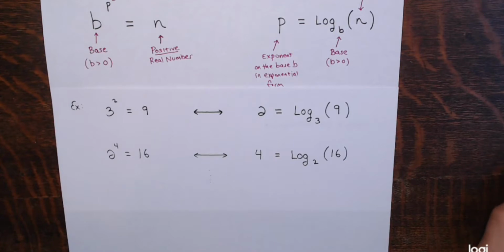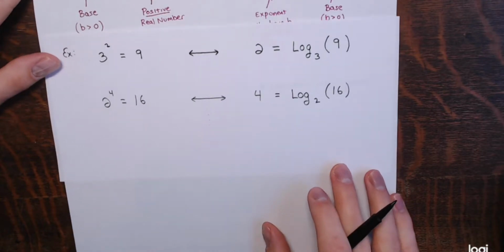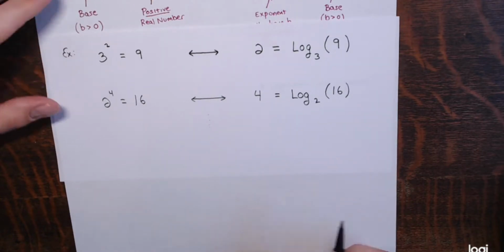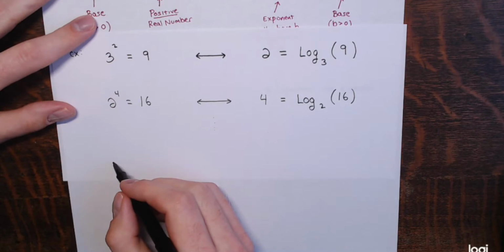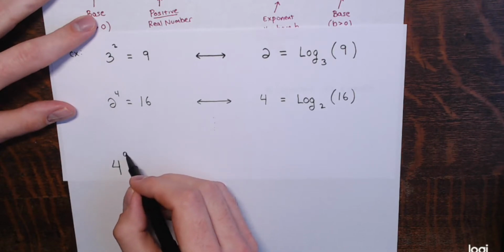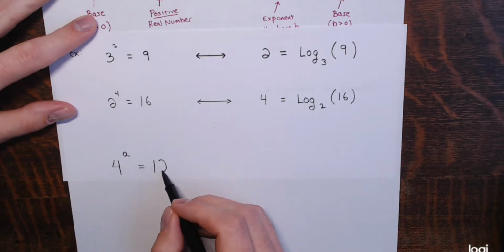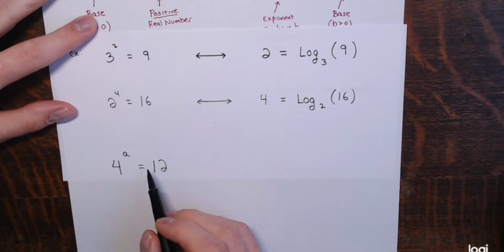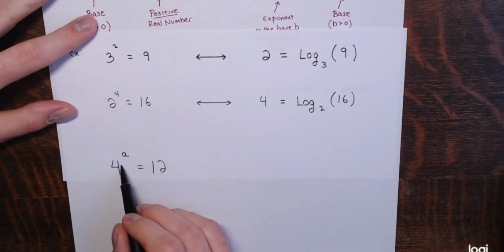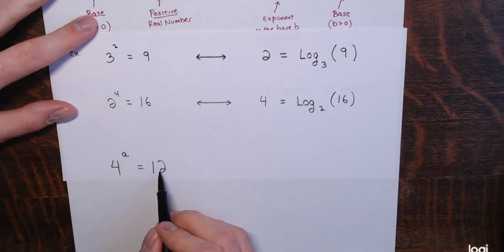All right, so now, the question we're given is, convert from exponential to logarithmic form. We have 4 to the a power equals 12. This is in exponential form. Positive base to some power equals a positive number.